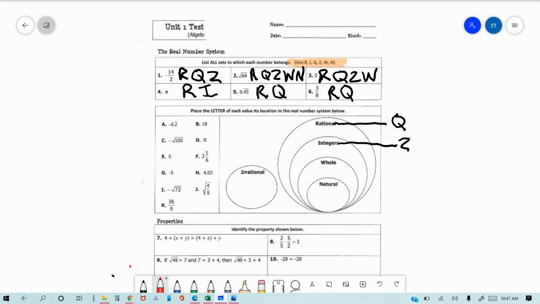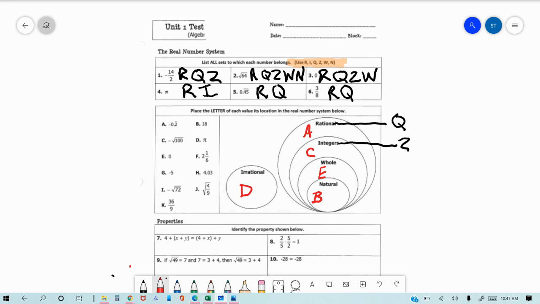So A is a rational number. B is a natural number. C is an integer. D is an irrational number. E is a whole number.